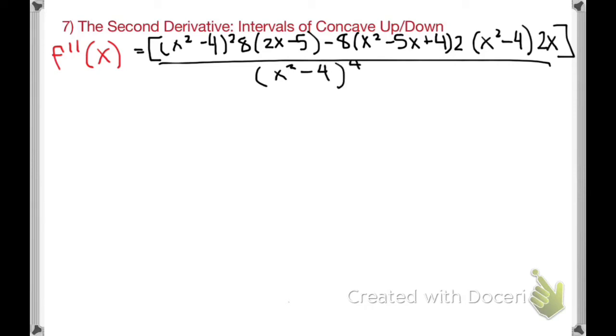Now what we can do from here is factor out a 2 and an x squared minus 4.